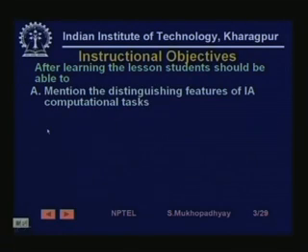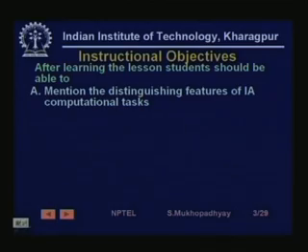Okay. So, now let us see. Before we begin, it is customary to see the instructional objectives. So, the instructional objectives are the following. First, after going through this lesson, one should be able to mention the distinguishing features of industrial automation computational tasks.